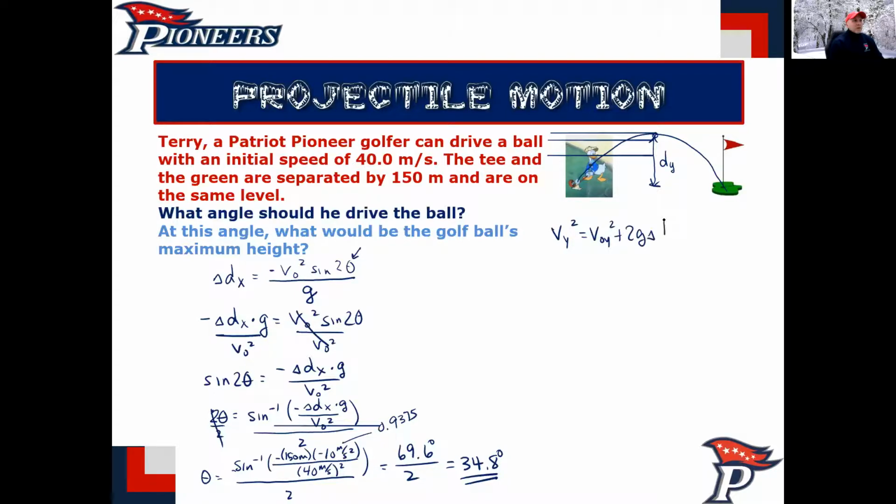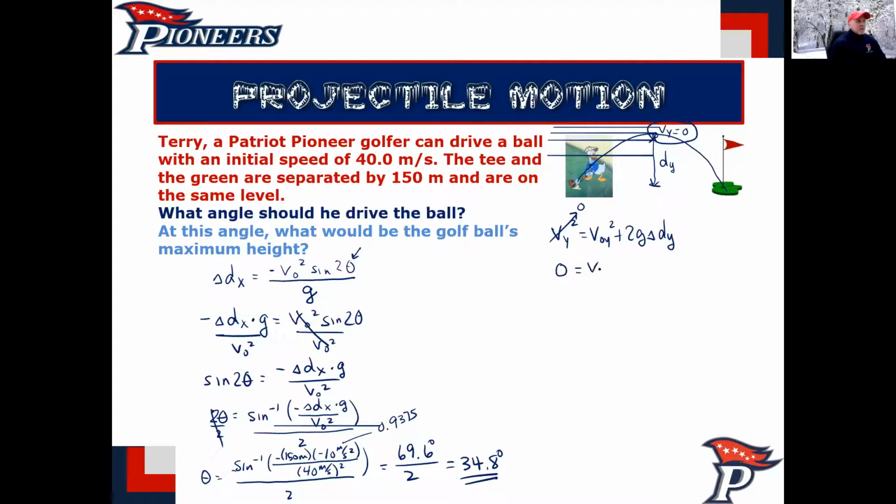So we want to use this equation because we don't know time, and we don't want to add more steps if we don't have to. And so when we use this equation to find the maximum height, what did we say this value was at its highest point? It's equal to 0. So we know at the highest point that Vy is equal to 0.